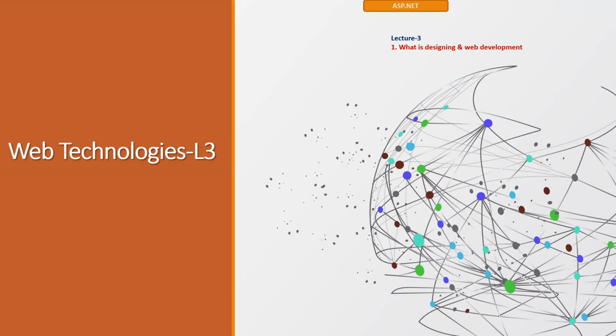It involves two major skill sets: web design and web development. Here, web design determines the look and feel of a website, right? And web development determines how it functions, right? So designing and web development are a single term, and both come under one umbrella.